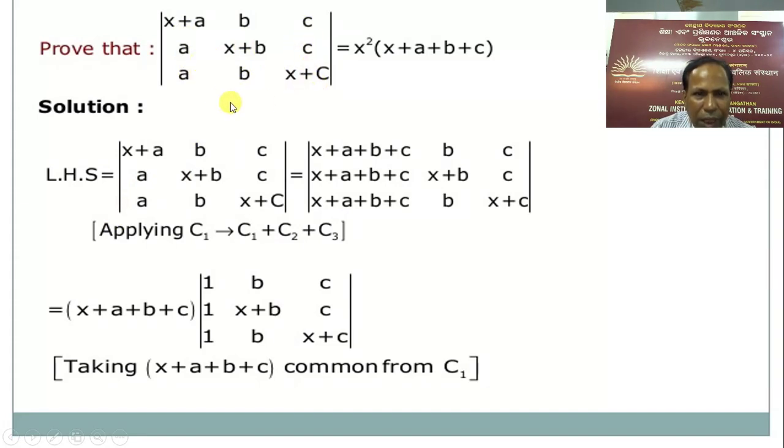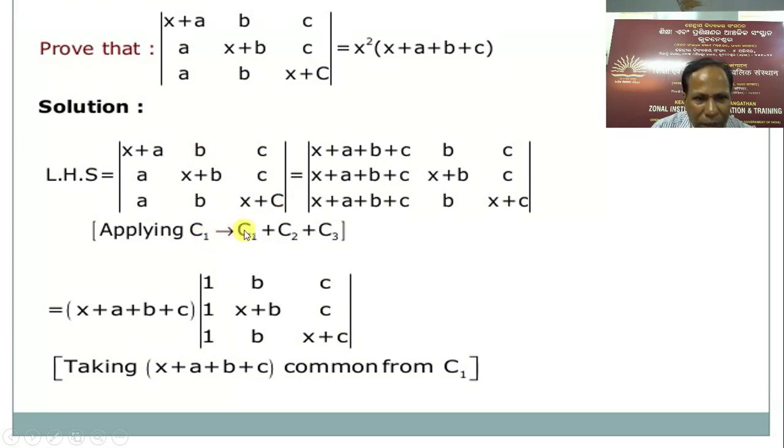Now we need to get the common factor. First of all, we search for the common factor either in a row or in a column, but we don't have any common factor. Now we try to get the common factor by applying a property.